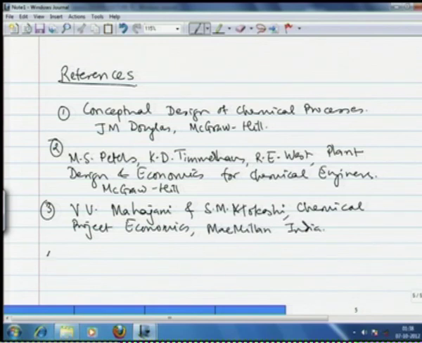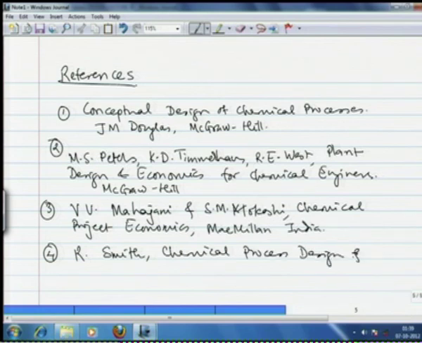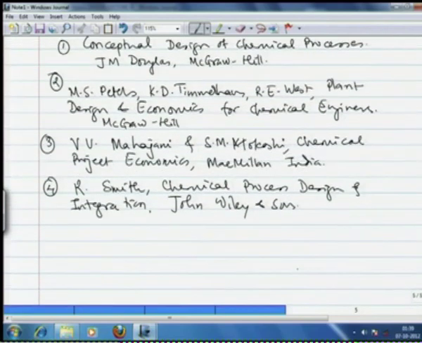Then the fourth book I am going to refer to is also quite a popular text among undergraduates, the book of Robin Smith, Chemical Process Design and Integration. This is published by John Wiley and Sons. And finally, the fifth book is that of R.K. Sinnott, Chemical Engineering Design.